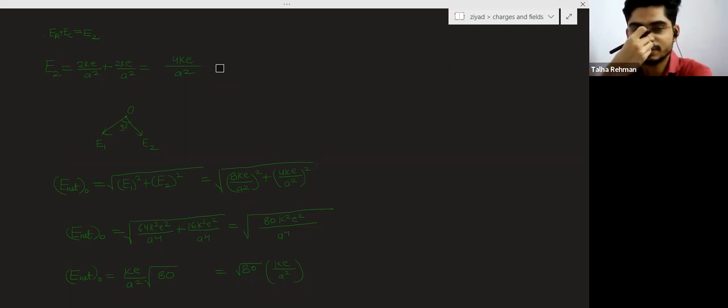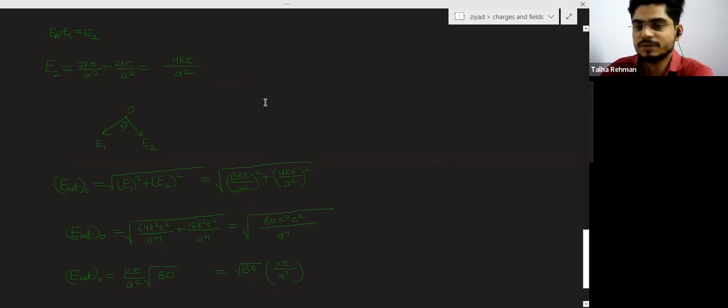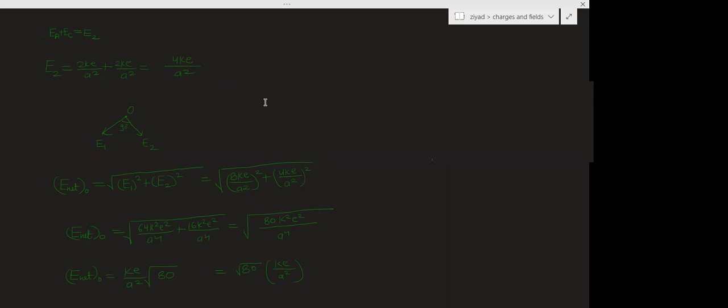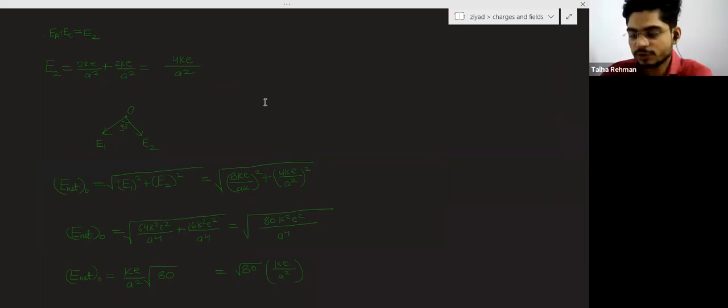Like in this question, we already know the properties of a square: it has four equal sides, the diagonals of a square bisect at 90-degree angle, and how to calculate the length of the diagonal. So this thing we have to just understand.